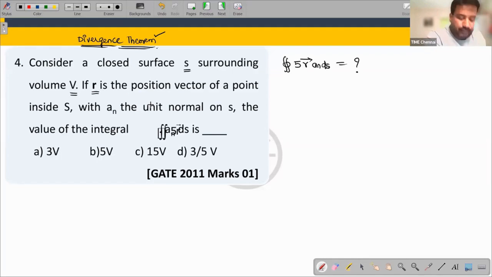Anyone got the answer? Apply divergence theorem.